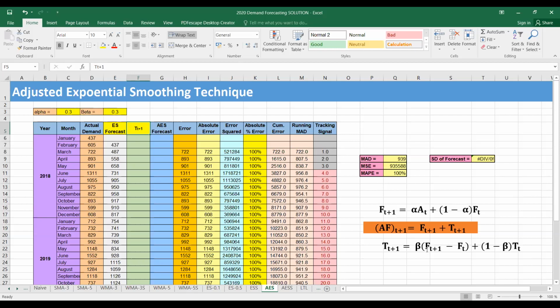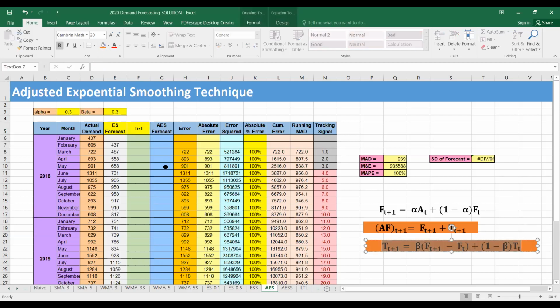So the formula for trend is here, as we discussed. If we start with March, the trend will be equal to the value of beta. We have taken beta equal to 0.3 as well, and in the next part of this lecture, we will learn to find the optimum values.